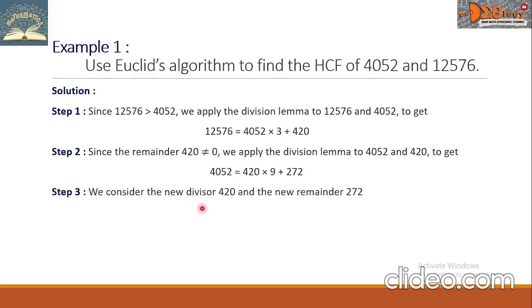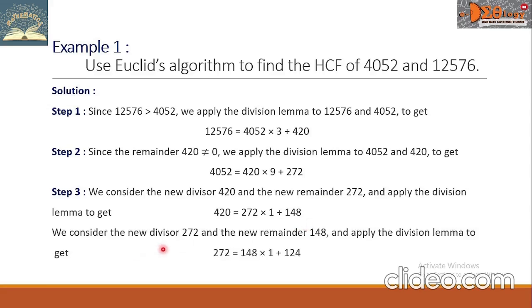We consider the new divisor 420 and the new remainder 272. So we divide 420 by 272. So we get this equation. 420 equals 272 times 1 plus 148.